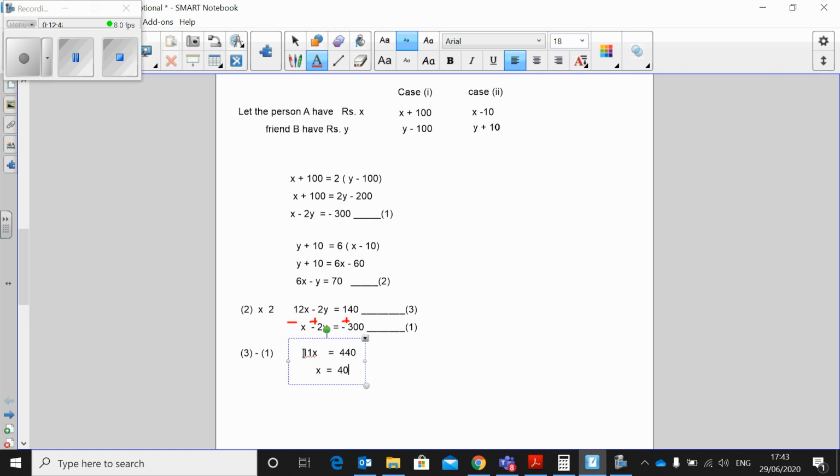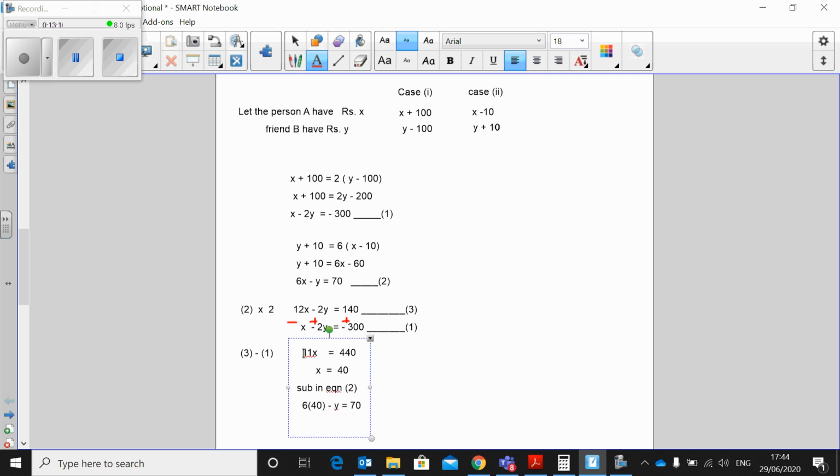So when x is equal to 40, what is y equal to? Because we can substitute in any one of the equations. Substitute in equation 2. So what is happening? 6 times 40 is 240, minus y, which is equal to 70.